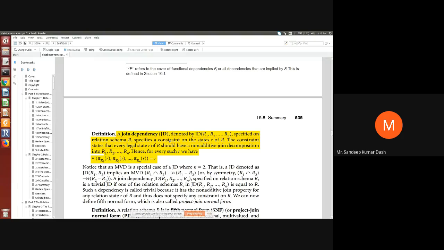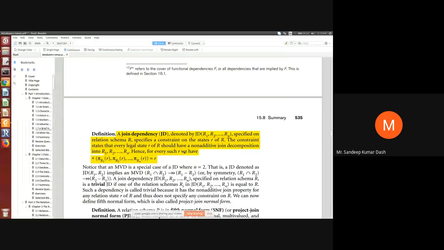It specifies a constraint on the states r of R. That means whatever data the relation contains, on all the states it should be applied. For every legal state r of R, it should have a non-additive join decomposition.